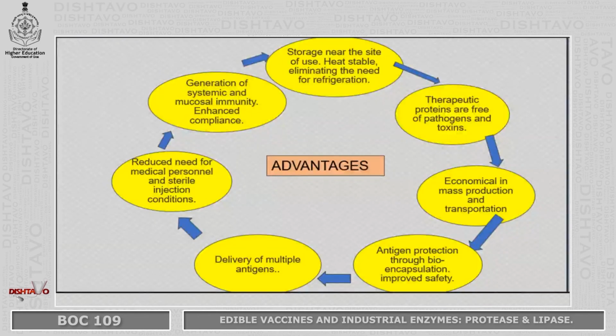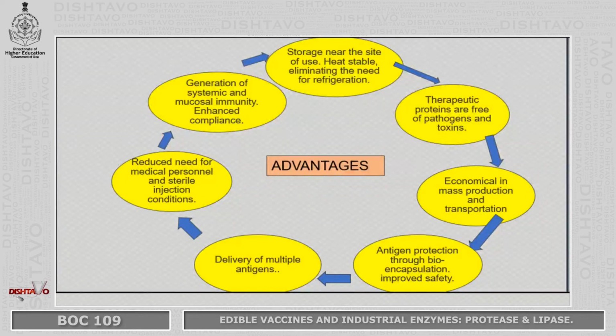What are the advantages of edible vaccines? Let's start. They can be stored near the site of use. They are heat stable, eliminating the need for refrigeration. These therapeutic proteins are free of pathogens and toxins, and economical in mass production and transportation.